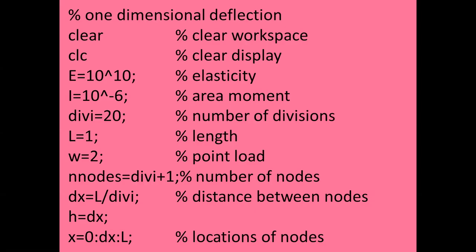Therefore, the X matrix is going to contain values such as 0, 0.05, 0.1, 0.15, and so on, till we reach the last value as L, which is going to make the matrix X contain 21 values corresponding to the 21 locations of the nodes.